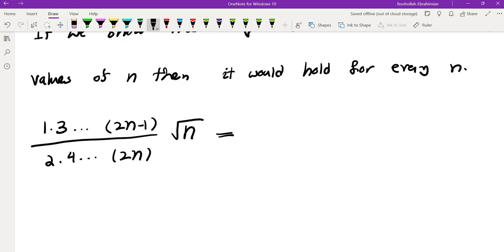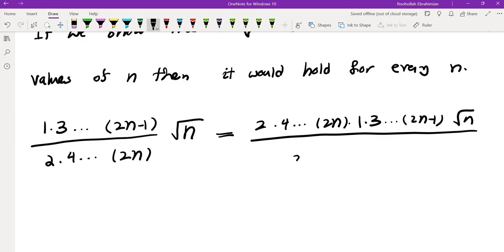We will turn this into factorials, and then use the Stirling approximation. So we multiply the numerator by 2, 4, all the way to 2n, so that we can turn this into factorial.